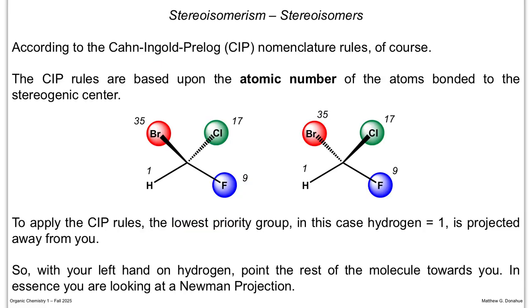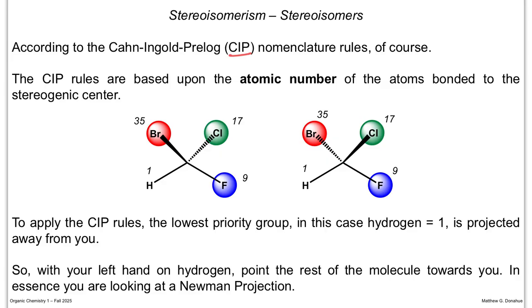And the way that we do that is through this addendum to the nomenclature rules. It's usually just abbreviated CIP, so Cahn, Ingold, and Prelog. These were the 3 scientists that came up with these rules, really based on stuff from the periodic table that is logically coherent.